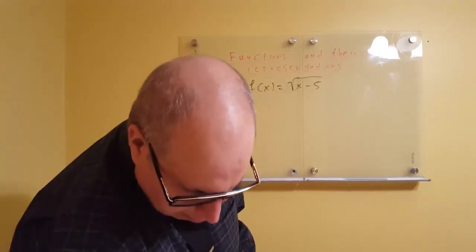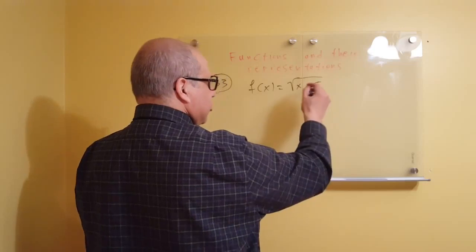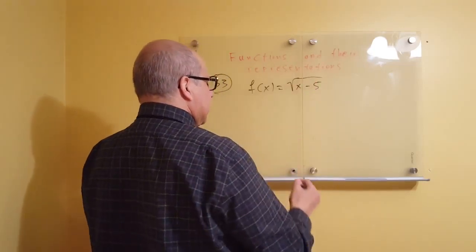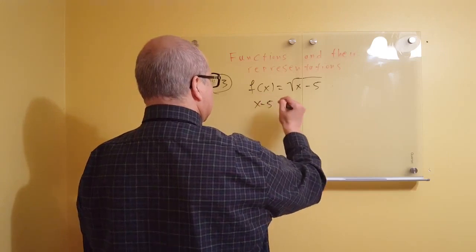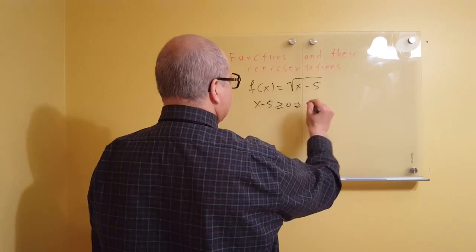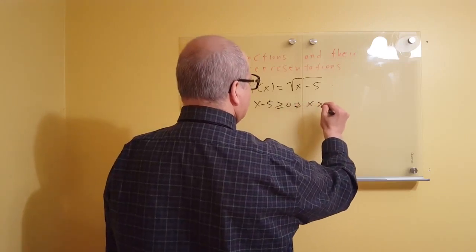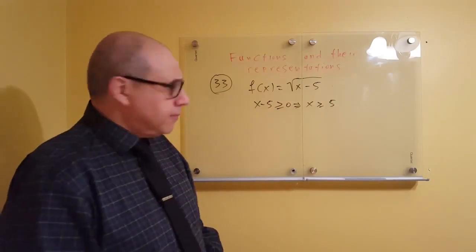So, again, this is a square root, so you have to take only the values that make whatever you have under the square root positive. So that means you have to take all of the values for which x is greater than 5.